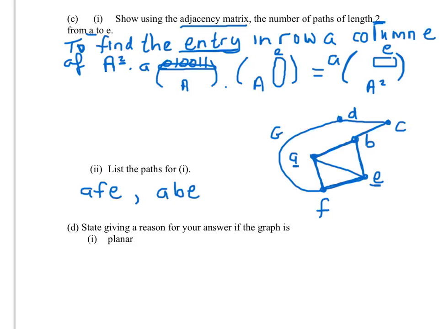Okay, that's row A. And column E is 1, 1, 3 zeros and a 1.